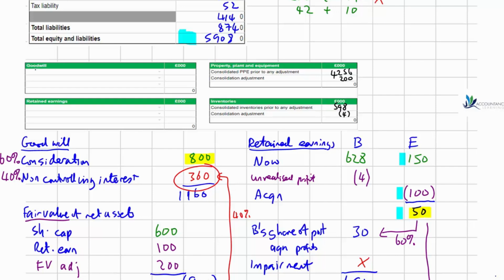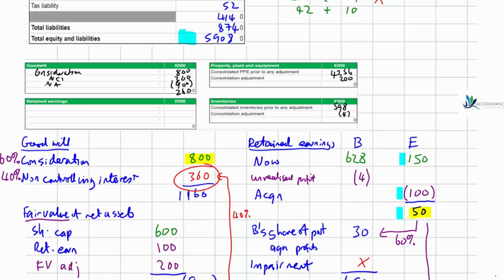For goodwill, we have our consideration. We paid 800, didn't we? We've got our non-controlling interest of 360, and then we've got the fair value of the net assets, which was 900. So that gives us our 260 goodwill.